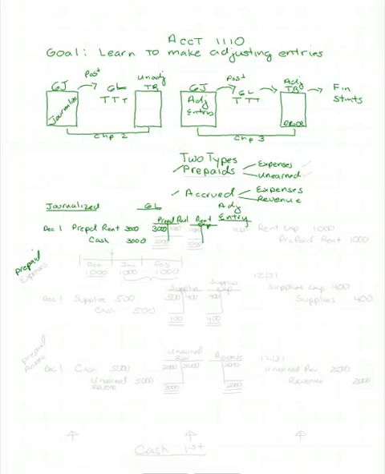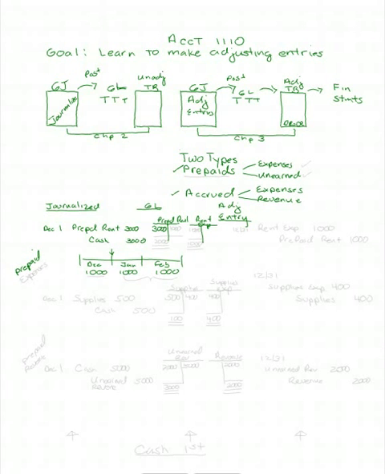Well, when December has come and gone, you will have used 1 month's worth of rent. So if you're looking at a picture of this, you have December and January and February. You have paid rent for those 3 months. And I'm telling you, we're now right here at December 31st.